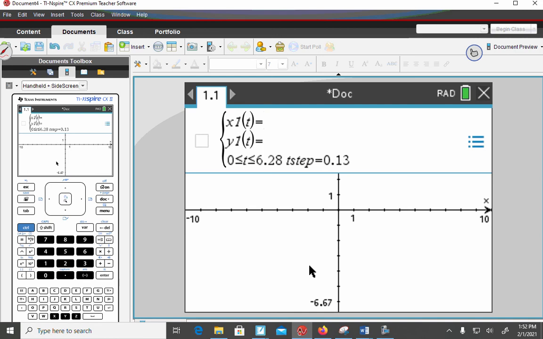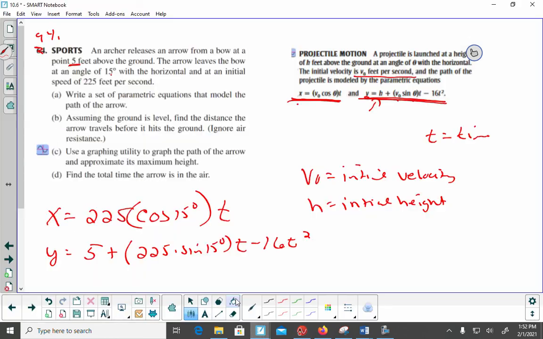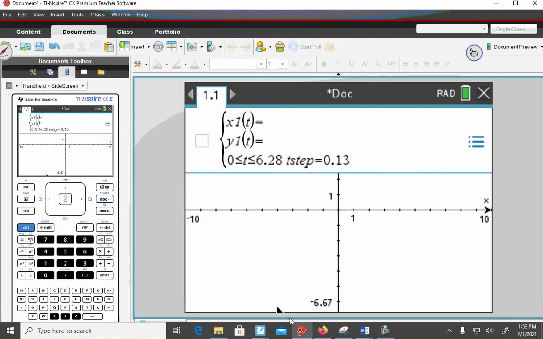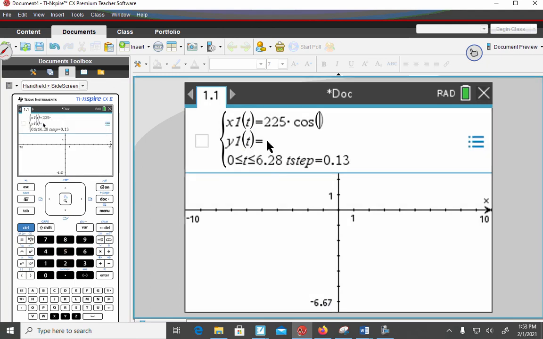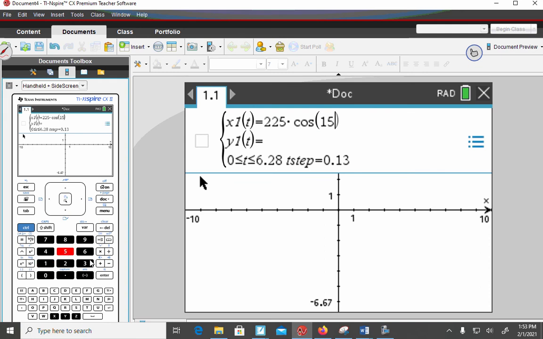So remember, I came up with 2 parametric equations. I came up with this equation here for x and this equation here for y. See how this is actually x of t and this is y of t. So when I go to type this in, my x is going to be that 225 times the cosine of 15 degrees.